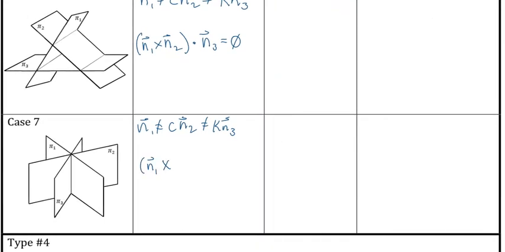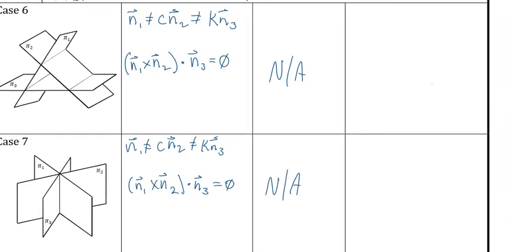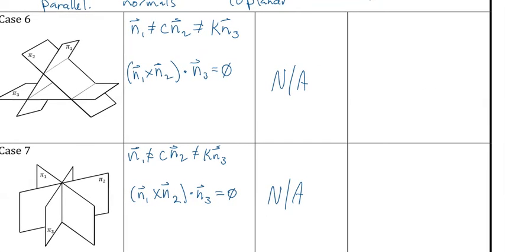Case 6 has how many solutions? None. This is the one where some people said 3, but it's actually not. It's none. So no solution. And the 3 planes cross in 3 distinct lines.